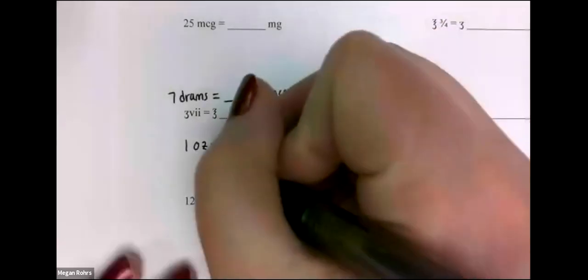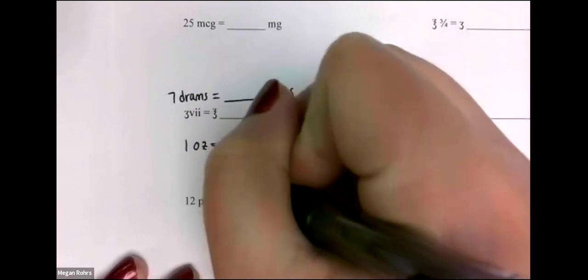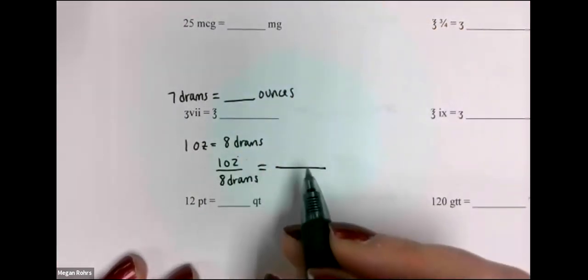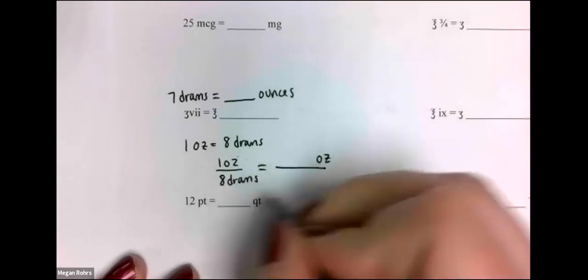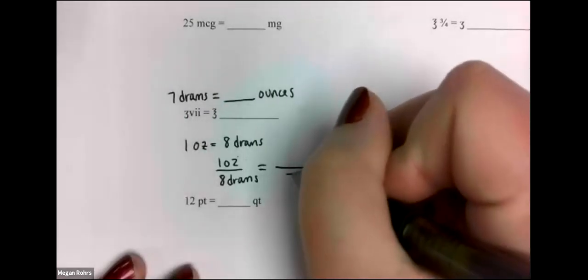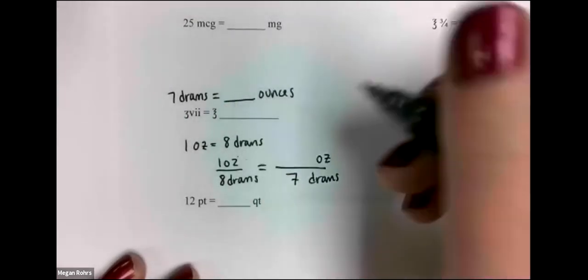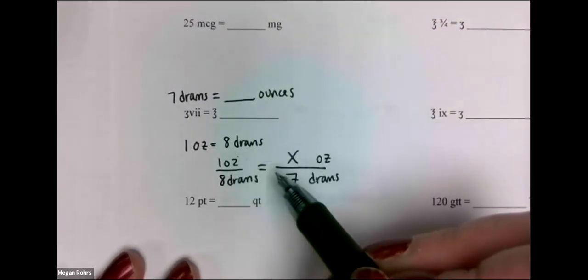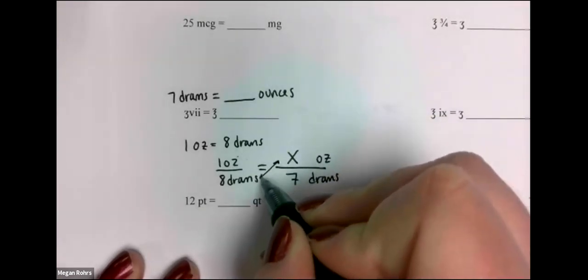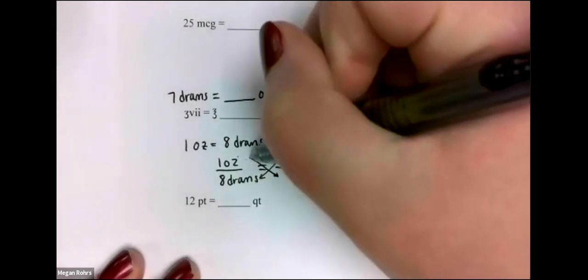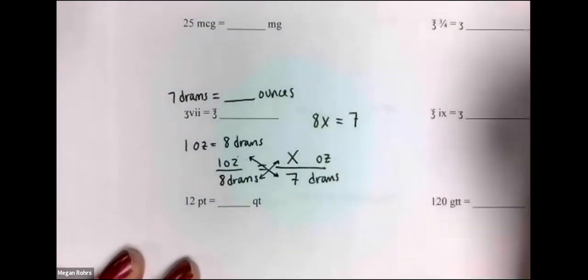Now we can set up our ratio and proportion. So 1 ounce over 8 drams, because that's what we know, and we're going to set that equal to, we know we want ounces on top, drams on bottom, we're solving for 7 drams, and we're trying to figure out how many ounces that would be. So solving for x, we're going to cross multiply. 8 times x would just give us 8x equals 1 times 7, which would just be 7.